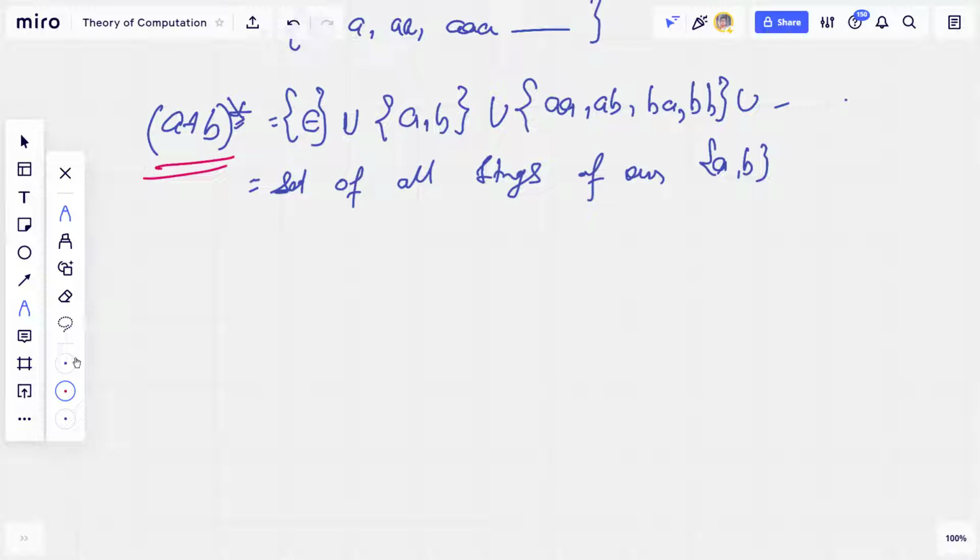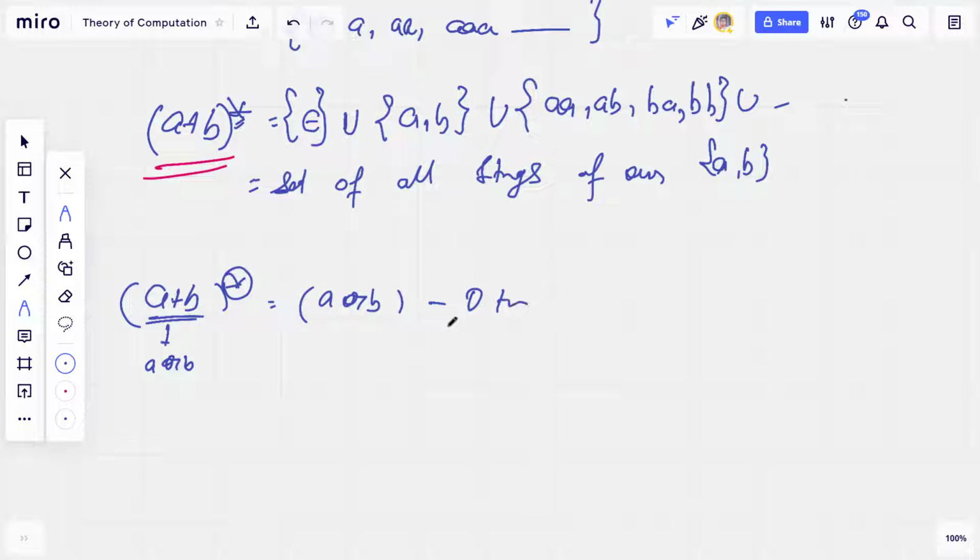Alright, let me explain this example one more time. I don't think you get it. What does A plus B star mean actually? Let's break it down. What does A plus B mean? It means A or B, anything. And the star means A or B can occur 0 times, 1 time, 2 times, and so on.